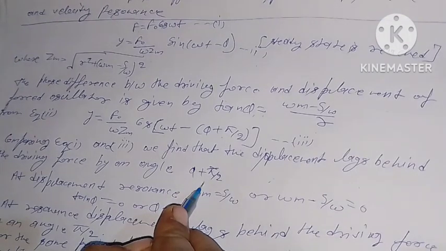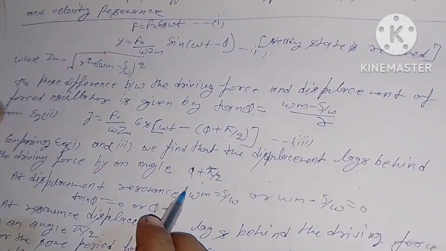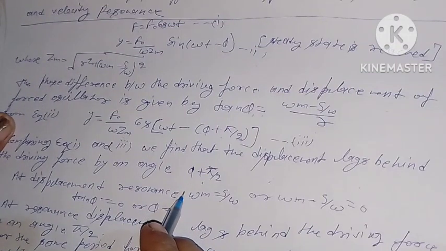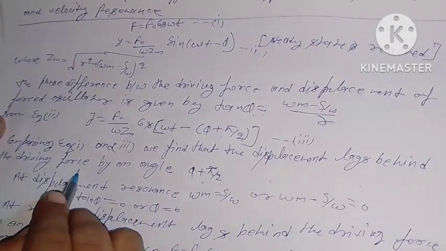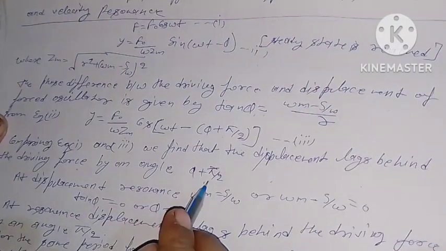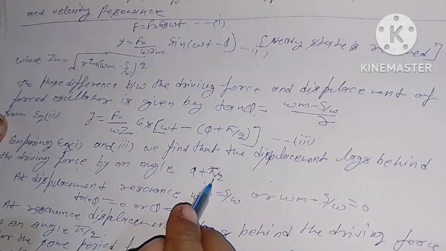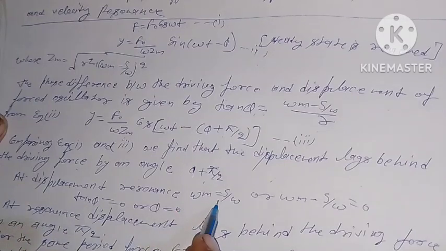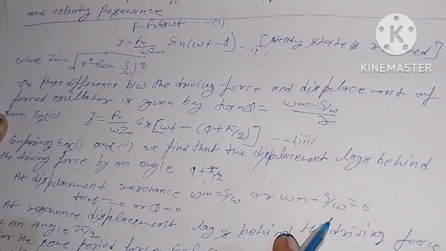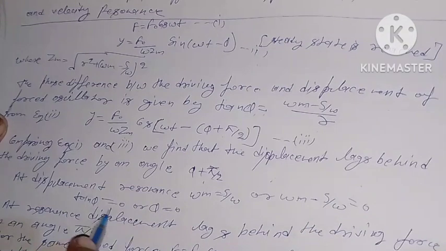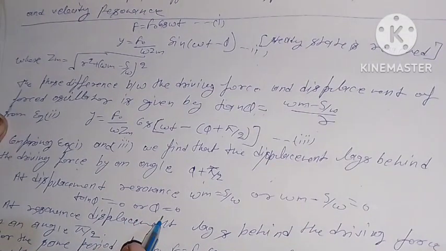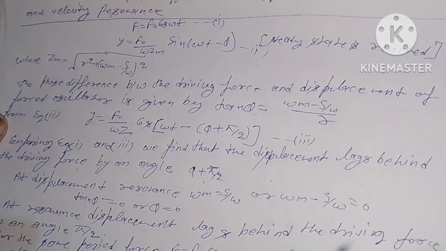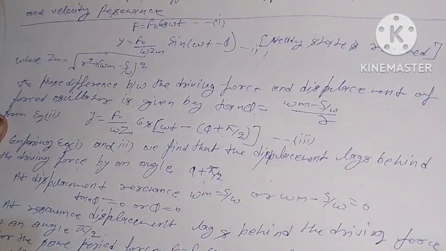Displacement lags behind the driving force by an angle phi plus pi by 2. Then at displacement resonance, omega m equal to s by omega, so omega m minus s by omega equal to 0. Tan phi equal to 0, then phi equal to 0. At resonance, displacement lags behind the driving force by an angle pi by 2.